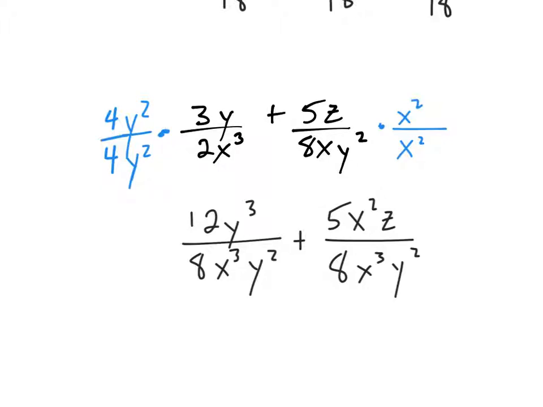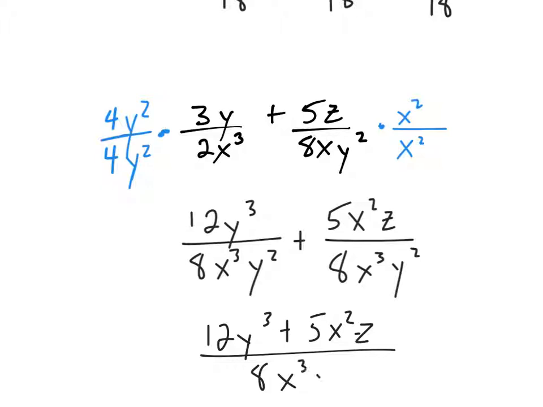It is going to look at least vaguely different than this. Yes? Just 12y cubed plus 5x squared z all over 8x cubed y squared. Very good. All right? They don't simplify any further than that.